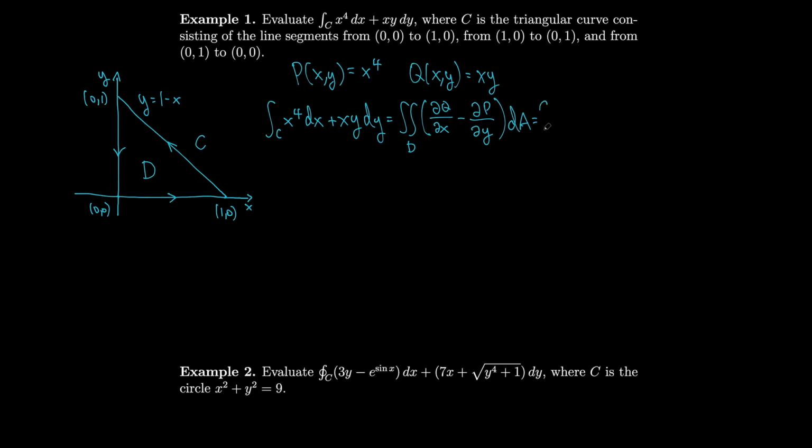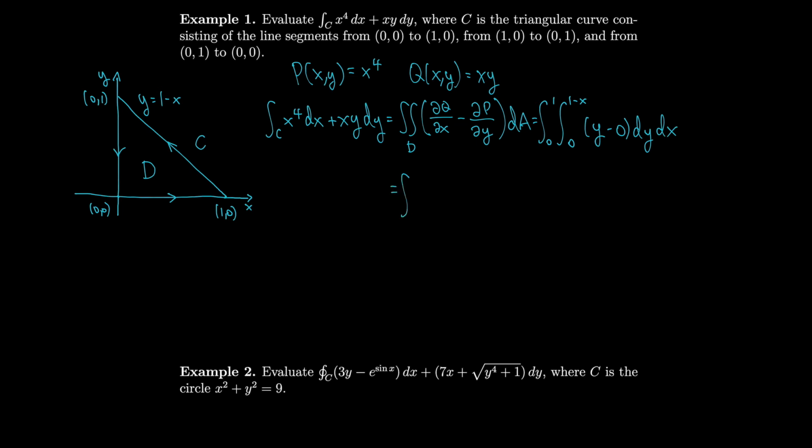So now we use Fubini. We write this as an iterated integral from 0 to 1, and then from 0 to 1 minus x, and our partial of Q with respect to x is just y, and the partial of P with respect to y is even better, it's just 0. So we have dy dx, because we're doing type 1.